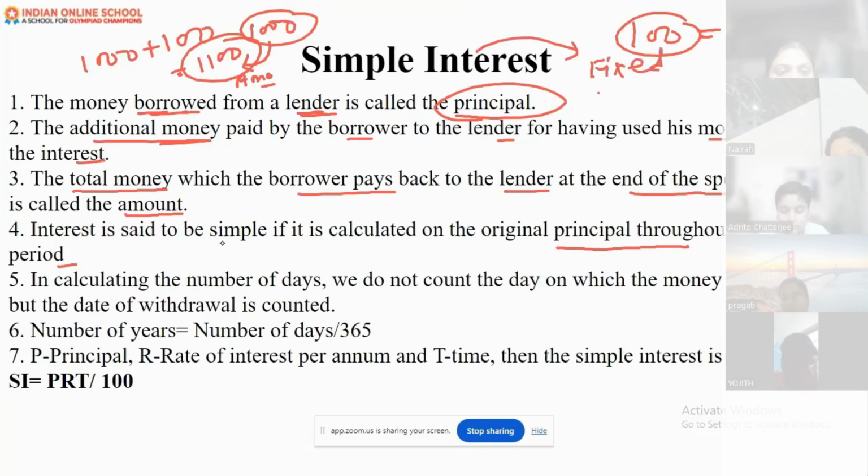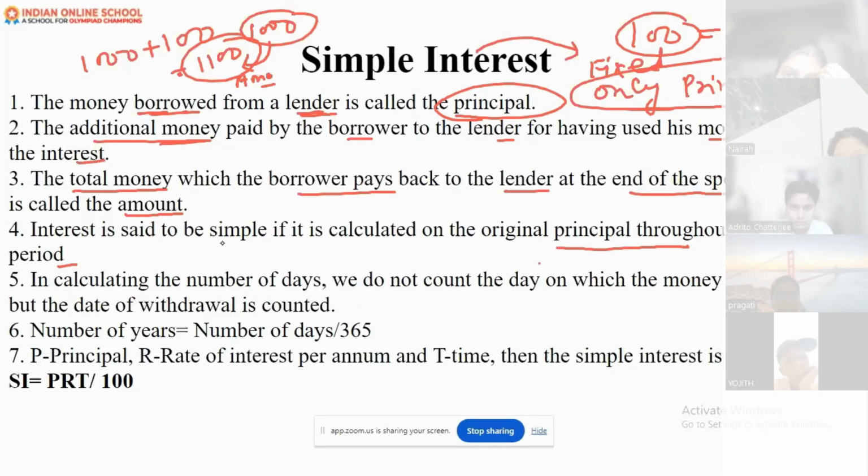Because it is always calculated only on the principal, and the principal is always the same, it will never change. The money which I have taken from someone, let's suppose 100 rupees or 1,000 rupees or 10,000 rupees, is always fixed. So whatever interest will be applied on that is always fixed, that's why it is fixed in simple interest.